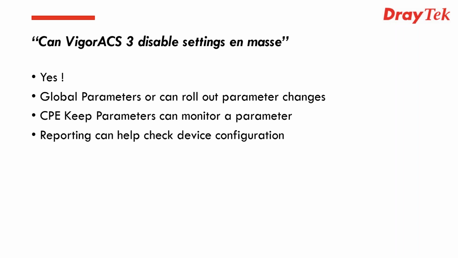Now, when you are wanting to actually make any changes en masse, as the question here requests, there are some really nice features available on Vigor ACS. So within provisioning, we have the global parameters. This allows us to build a profile. It's kind of like a template which can be modified at a later date as well if the values need to be updated.